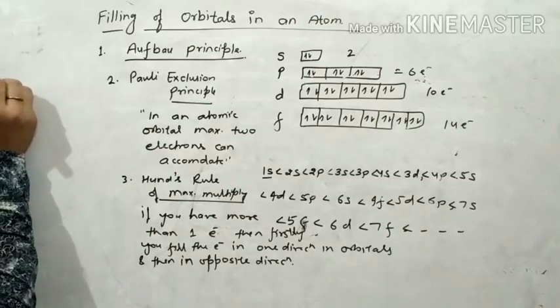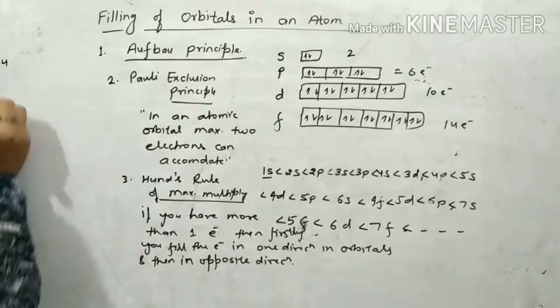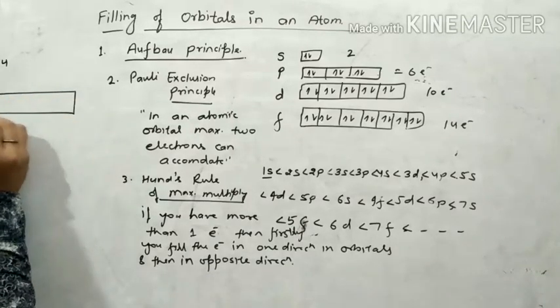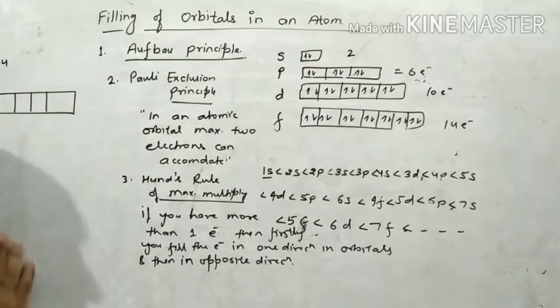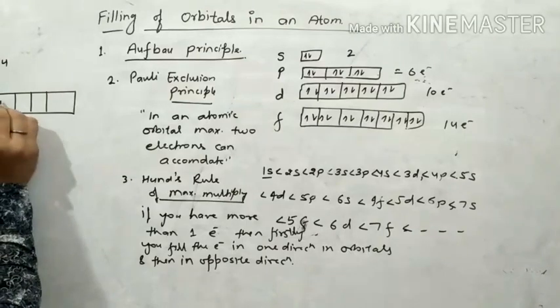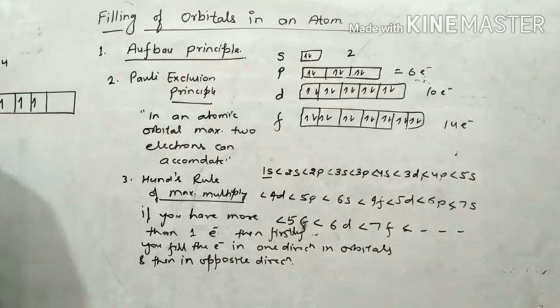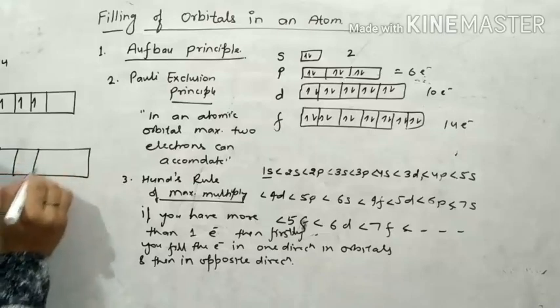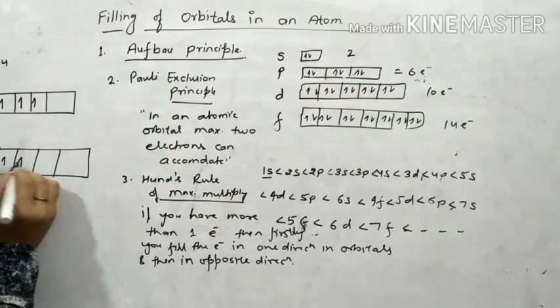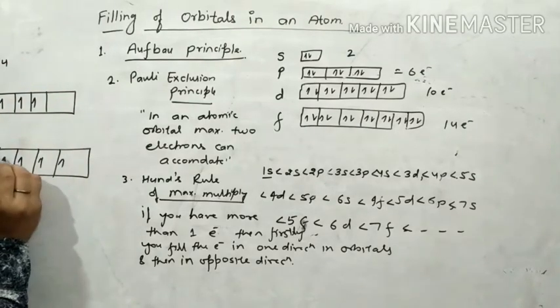Let's see, as if you have 4 electrons, d4. As you know, d has 5 orbitals. So you have 4 electrons; firstly you fill in one direction, 1, 2, 3 and 4. If you have d7, then firstly you fill 1 to 5 in one direction, then the remaining electrons in the opposite direction, 6 and 7.